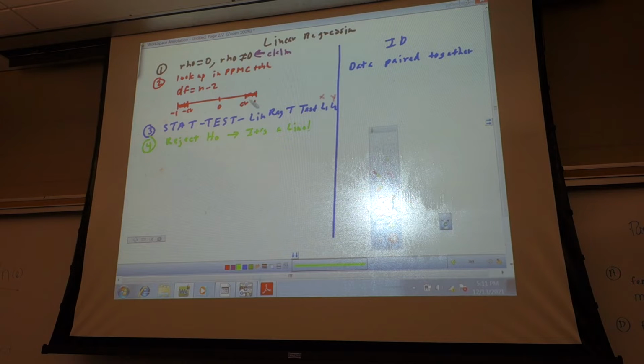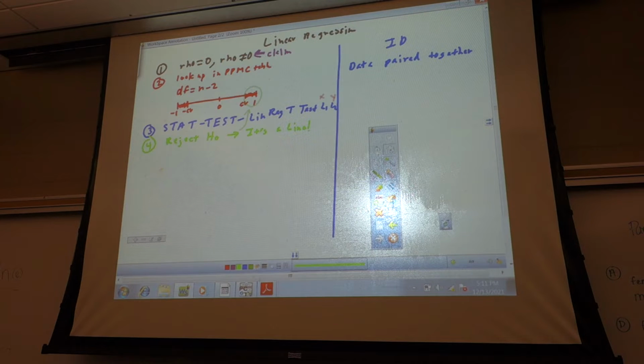Because if you're in the shaded area, you're near these sections here, right? Here, you're close to 1. So if you're close to 1 or negative 1, then you're aligned, because 1 is a perfect line. Okay, good.